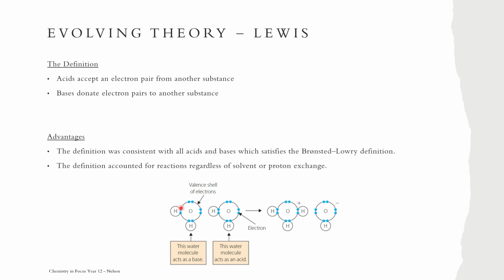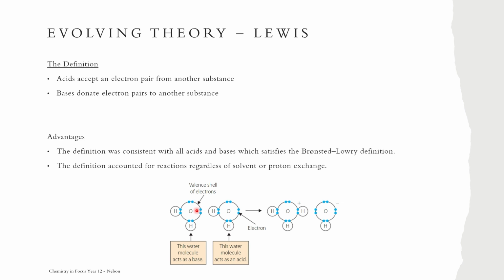So here in this diagram, what we can see is that when two waters interact with each other, one can act as a base and one can act as an acid. In this circumstance, what we see is that the acidic water brings a hydrogen over to the base, forming hydronium and hydroxide. So the acid is the proton donor and the base is the proton acceptor. But we can also look at that in the reverse.